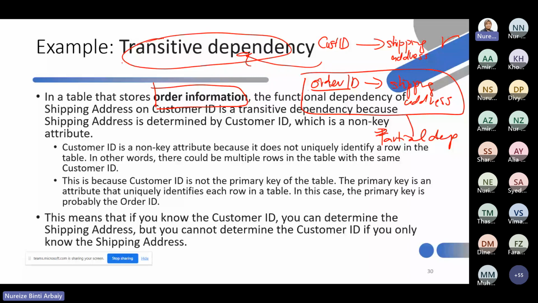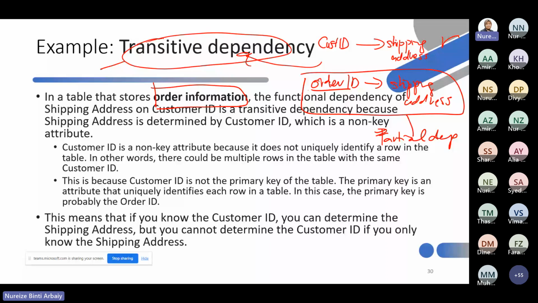Remember that in the previous lecture, I said that we need to eliminate partial dependency and also transitive dependency. So how to eliminate? We break it into tables and so on.